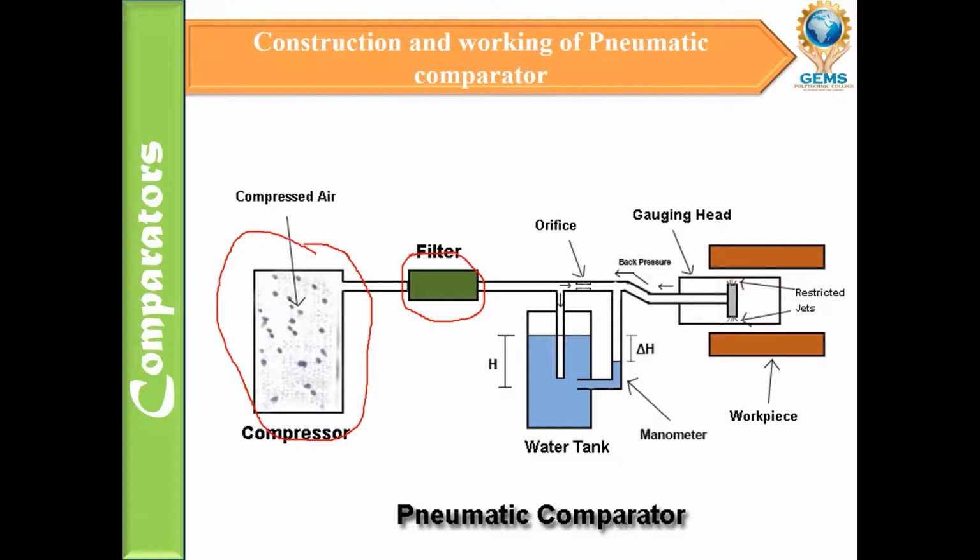So how does it work? The compressed high pressure air goes through the filter. What does the filter do? Any dust particles are collected, and the pure air goes through this flexible tube.